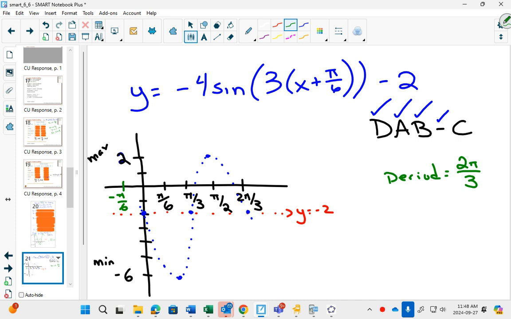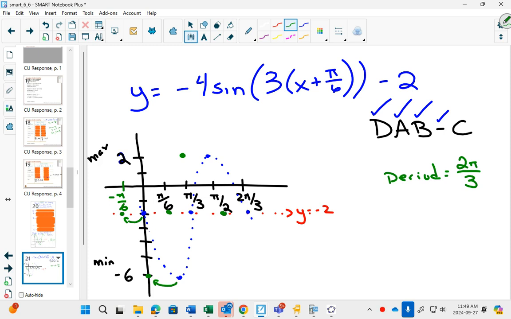Now each of these points is going to get shifted over that distance. That one goes pi over 6 to the left. This one will go pi over 6 to the left. That top point will go pi over 6 to the left. And since pi over 6 is the length of one section that we chose, it's easy to shift it pi over 6 to the left.